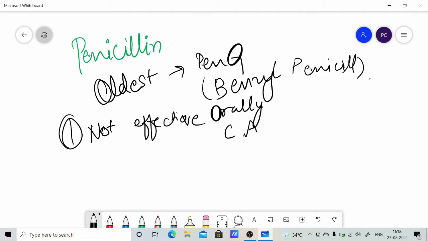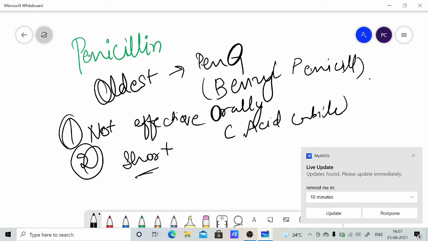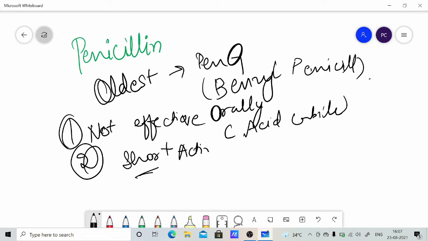The acid breaks down the penicillin, so we should give it IV. Second thing is it is short acting.